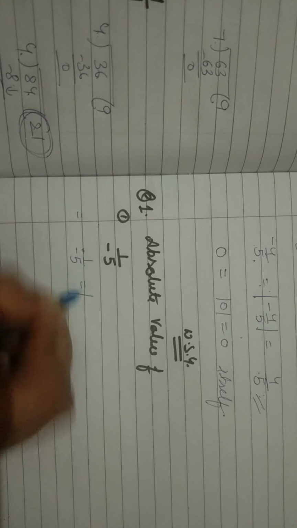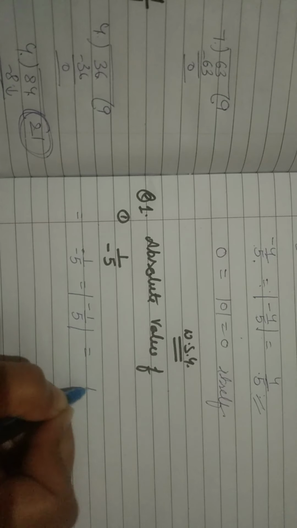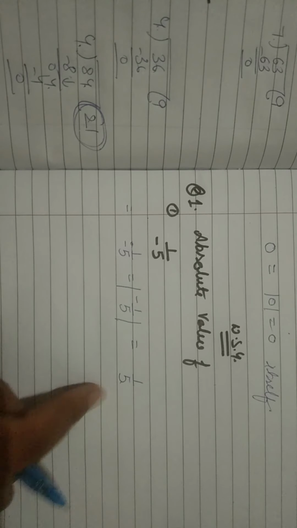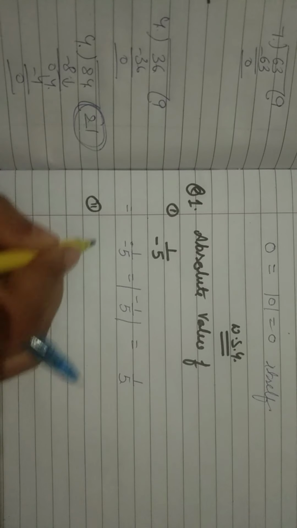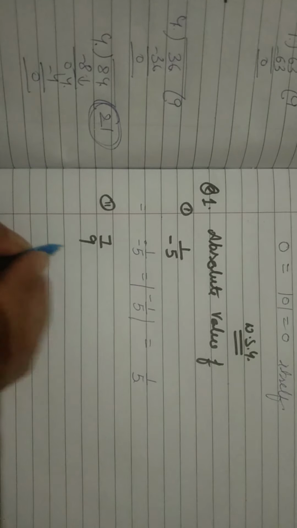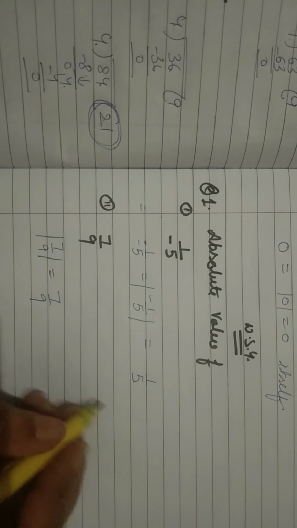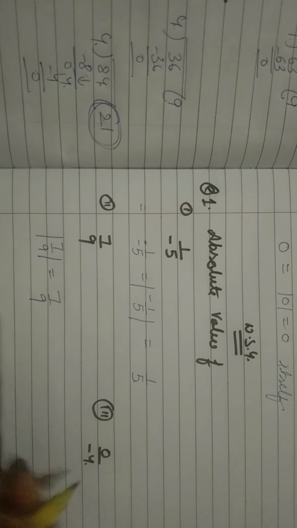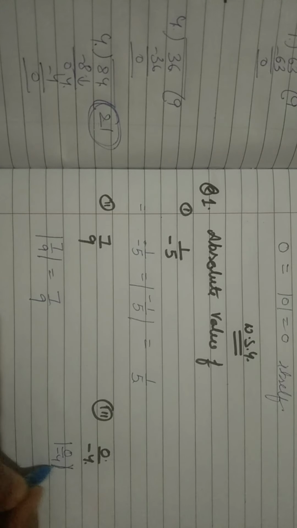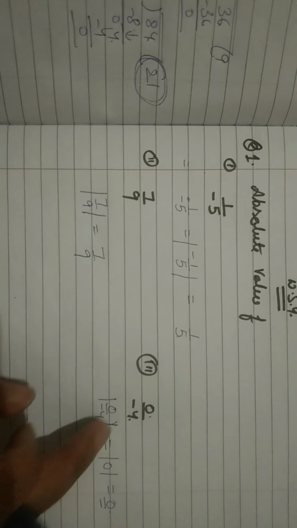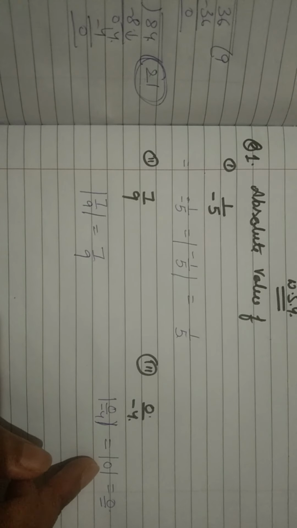The absolute value of 1/-5 is equal to 1/5. The minus sign is there, we took the absolute value, so it will be equal to +1/5. Okay, now the second part, 7/9. So its absolute value will be 7/9, that is equal to 7/9. Okay, third part, 0/-4. So 0 divided by any number will be 0. The absolute value of this number will be 0. 0 divided by any number will be 0, and what will be the absolute value of 0? Always 0. The absolute value of 0 is 0 itself.